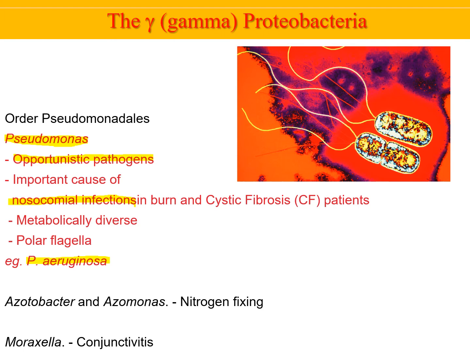So in a healthcare facility, there are certain organisms around that are more commonly present, and some individual patients pick them up. It's an important cause of nosocomial infections, particularly in burn or cystic fibrosis patients. Characteristic infection in the lungs of cystic fibrosis patients is caused by Pseudomonas aeruginosa.